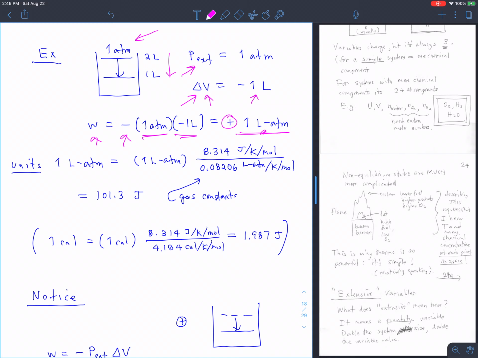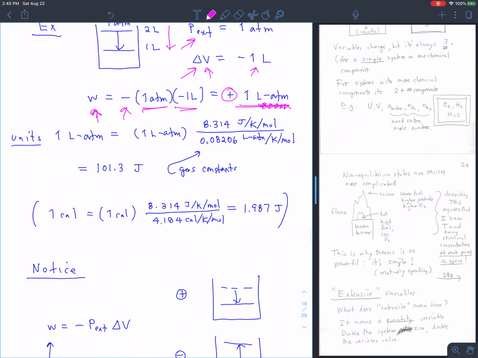Those are weird units. This work has to have units of energy. A liter atmosphere is in fact an energy unit. There's nothing wrong with it, but it is very non-standard. So let's convert it. 1 liter atmosphere is equal to 1 liter atmosphere times 1 joule per liter atmosphere, but I put these extra things under here, K and moles, because that means I can use the known values of the gas constant to get my conversion factor.